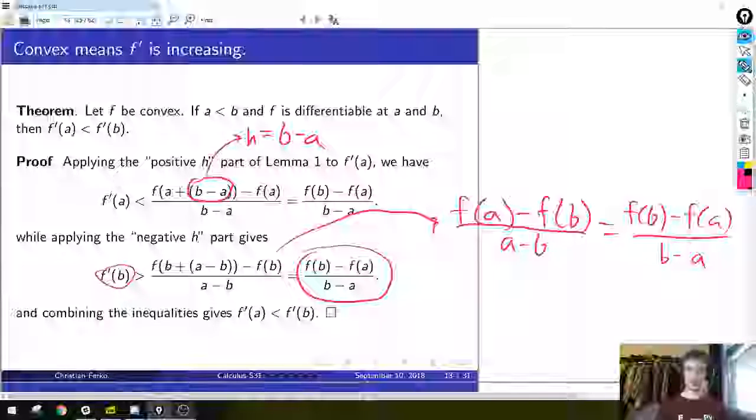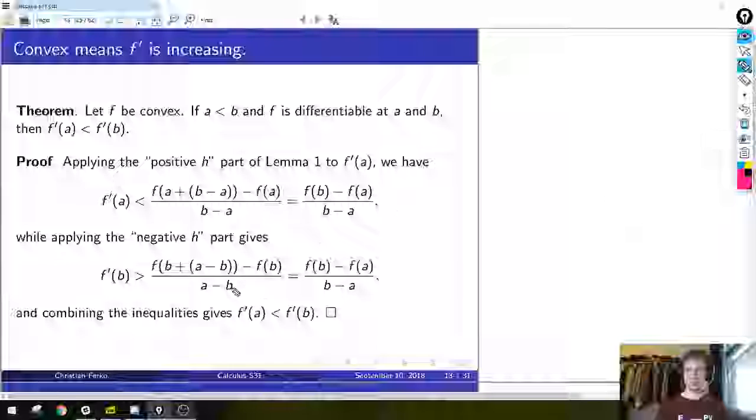So we have this chain, and combining those inequalities gives us what we wanted. That derivative at a is smaller than derivative at b. Good. Okay. So tricky choice of h, but I think it's very elegant. It's clever once you see it. Enlightening, perhaps. Okay. Good. Thoughts on this theorem?